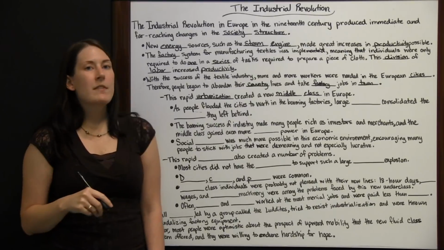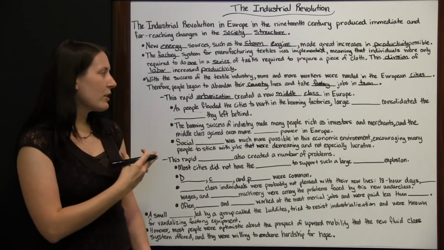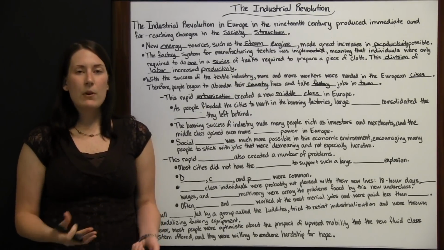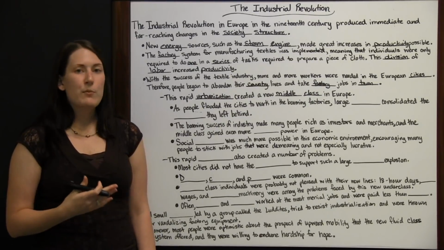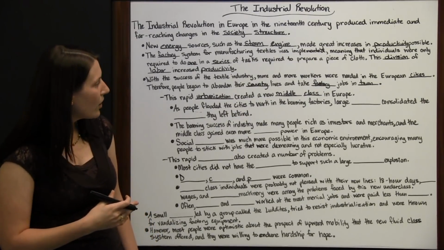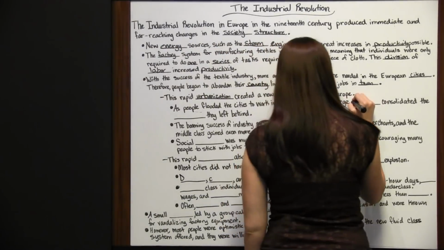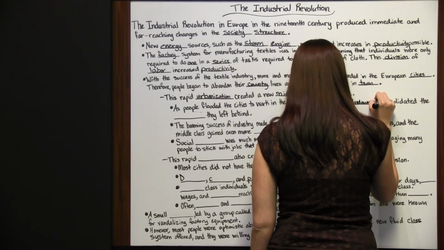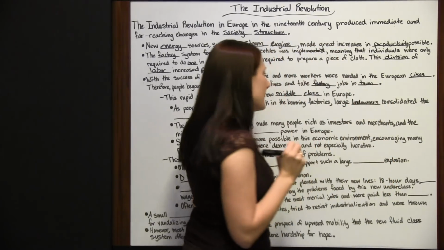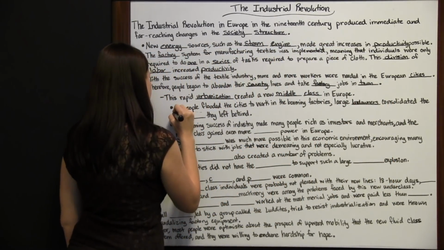So let's look at some of the pros to the urbanization and how that middle class developed. As people flooded the cities to work in booming factories, large landowners consolidated the farmlands they left behind.